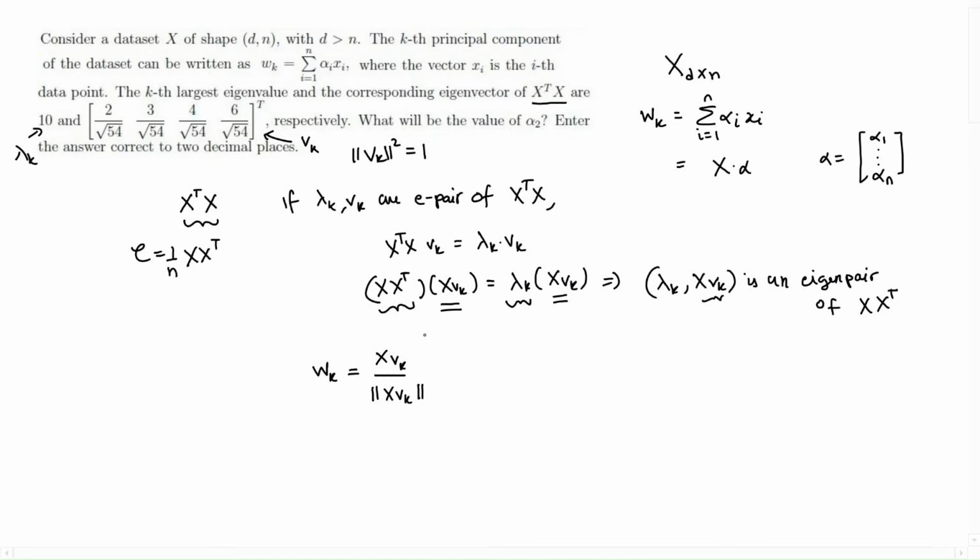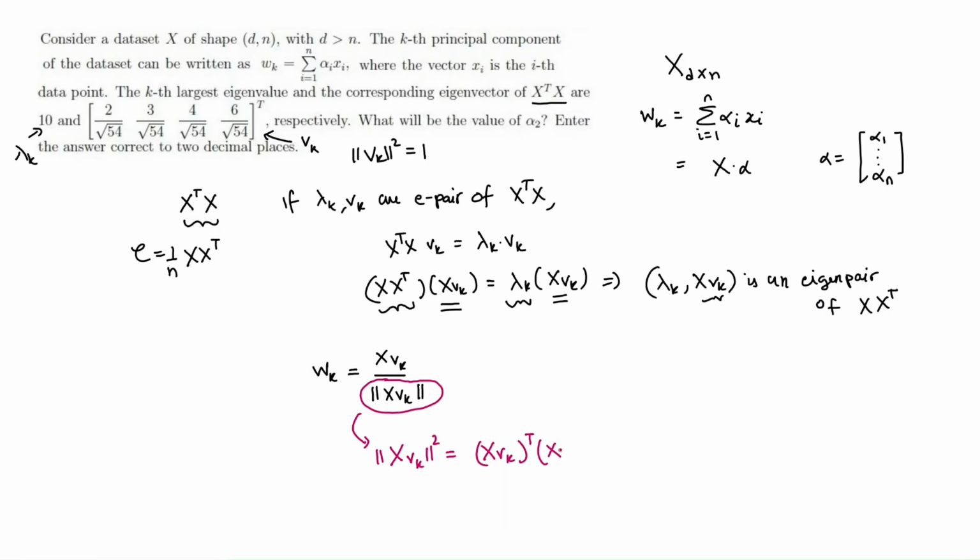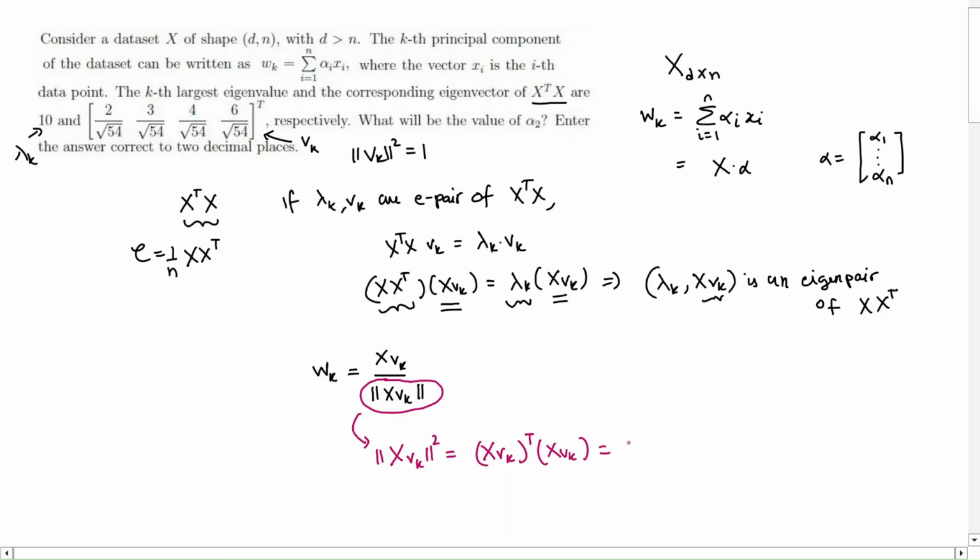But now how do you determine this entity, which is norm of X vk? To determine this, I will take norm of X vk square, and that is nothing but X vk transpose X vk, and then this turns out to be vk transpose X transpose X vk.